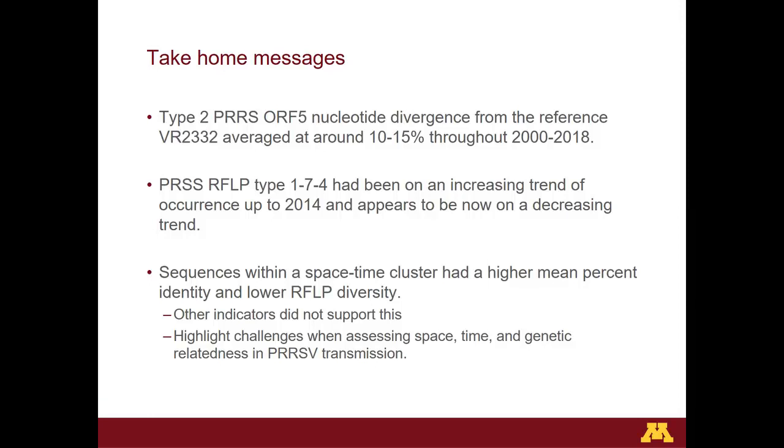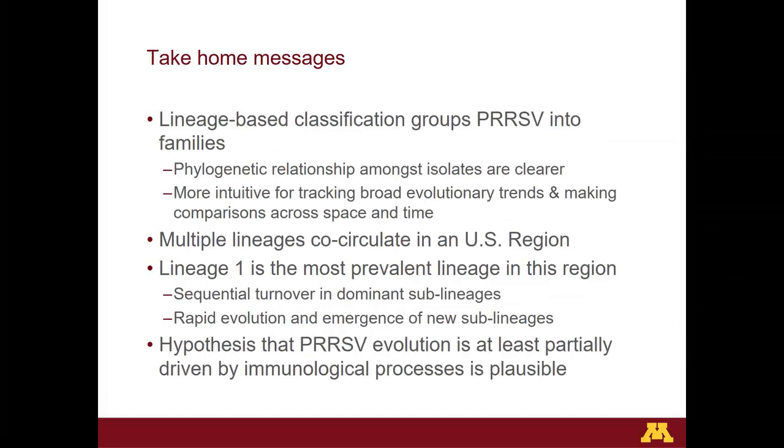This corresponds more or less to the same thing that I observed when I classified my sequences as lineage 1A. And sequences within a space-time cluster had a higher mean percent identity and lower RFLP diversity, at least using these kind of parameters. Other indicators did not support the same findings that Mariana had.